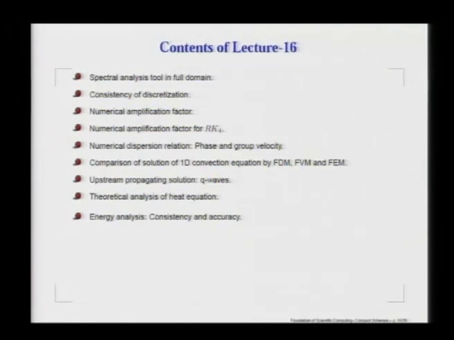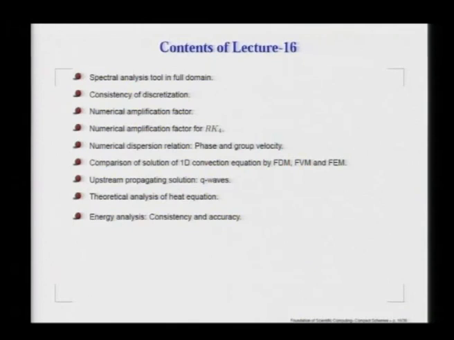Once we have talked about space and time discretization together, we are in a position to talk about numerical dispersion relation. Once we have the numerical dispersion relation, we will show how phase speed and group velocity could be computed from it.